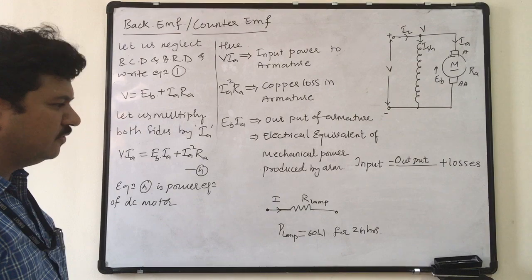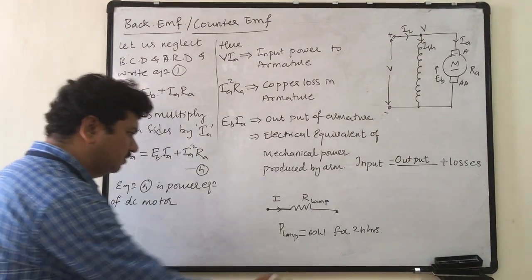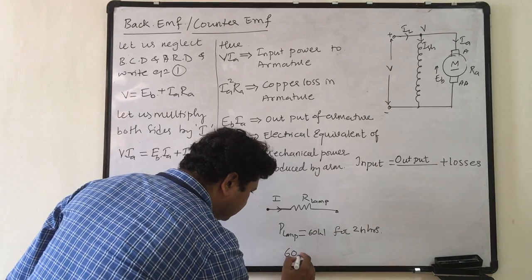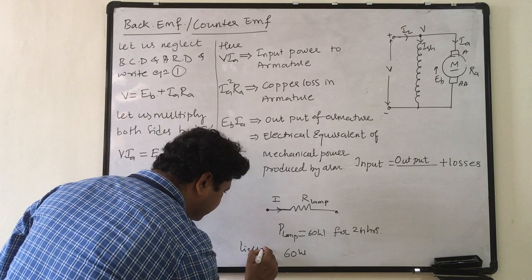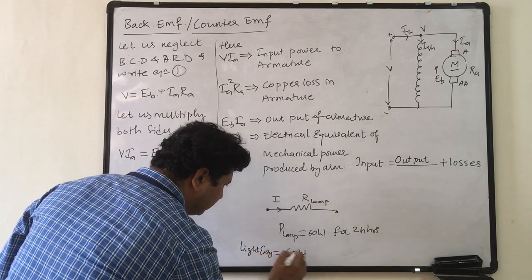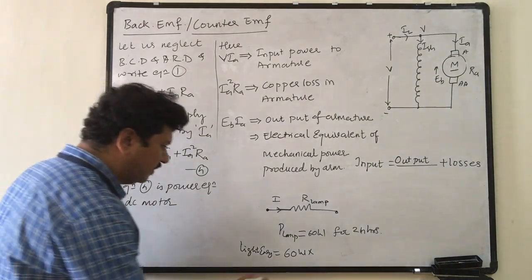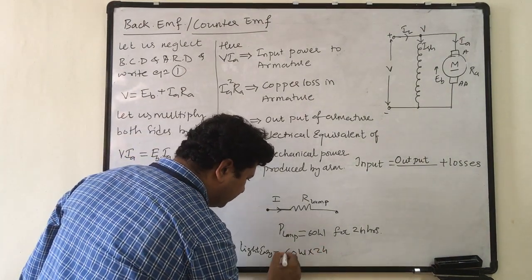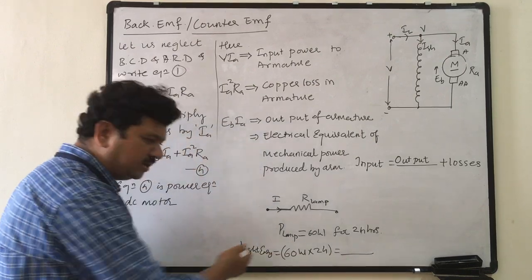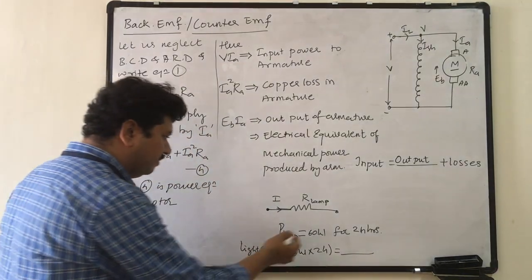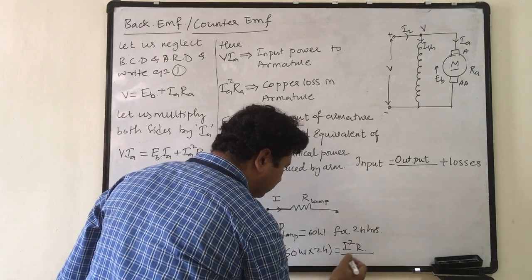What is the amount of light energy generated by it? Light energy is equal to 60 watts multiplied by 24 hours. So this much is the light energy. And how can I give this electrically? Power 60 watts, I can write as I square R into T.